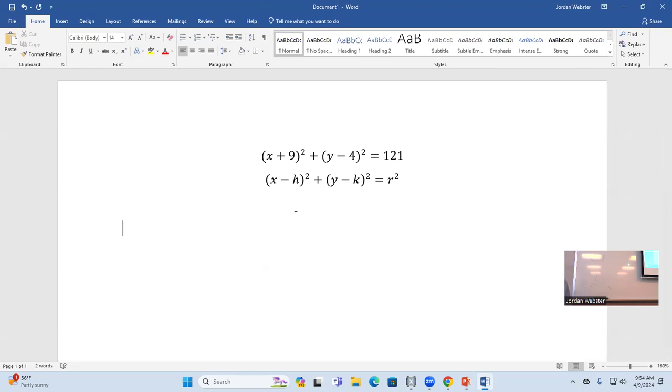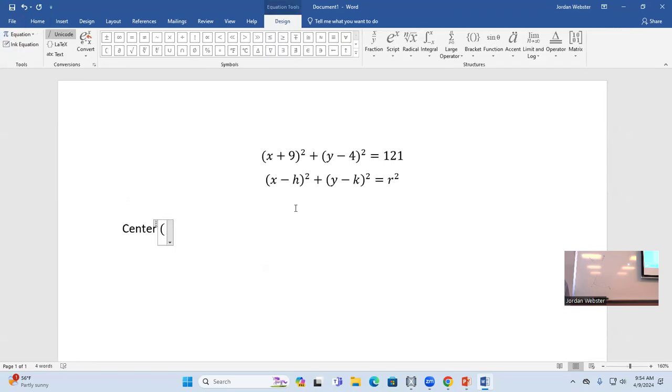So remember, the center is (H, K) if we're in this format. Notice that already we are in that format.